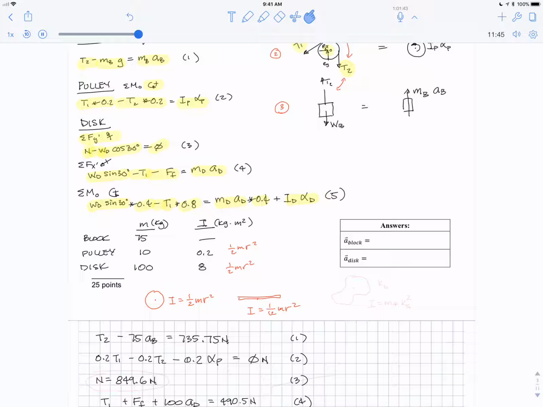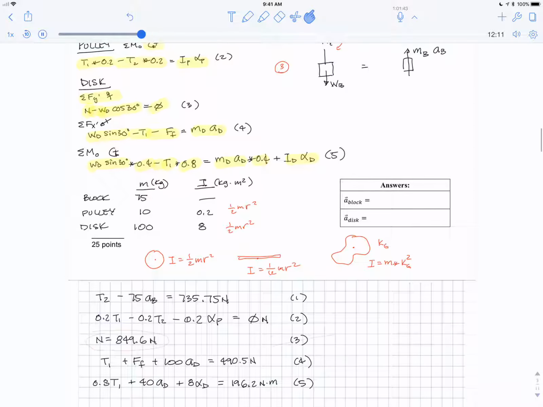And the last one is if you have some weird shape and they give you the radius of gyration. In this book, it's k, so think radius of gyration. I is just mass times the radius of gyration squared, with no 1/2, 1/12 or anything. Those are the three I remember, and those get me through almost all of the problems.